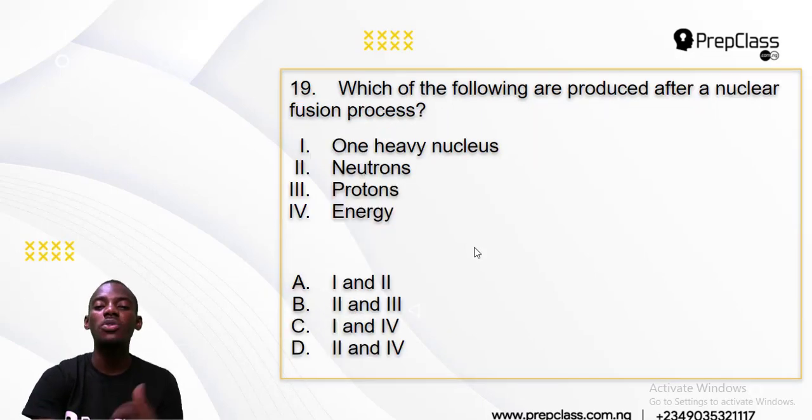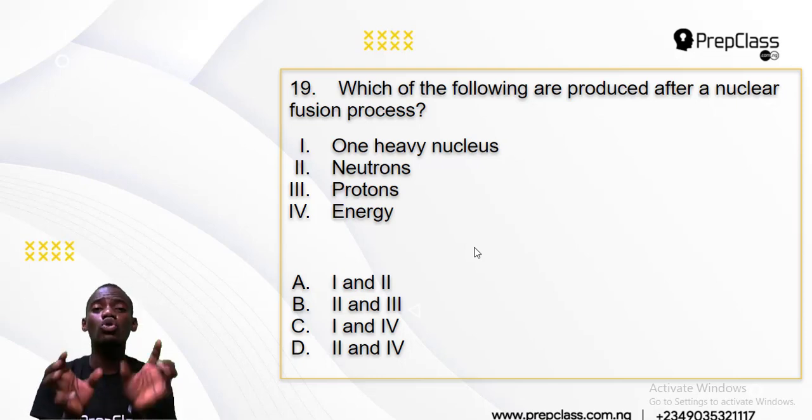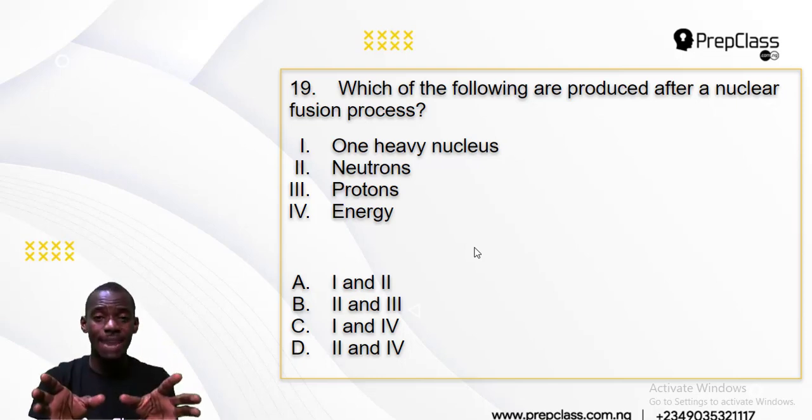Number 19 now. Which of the following are produced after a nuclear fusion process? Now, what's fusion? It is a nuclear process that happens when two unstable nuclei produce one nuclide.